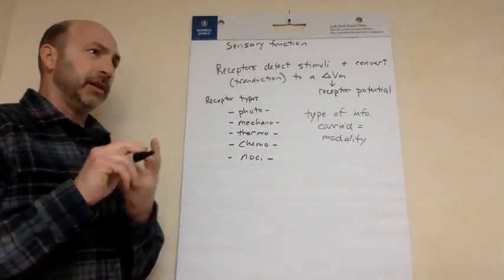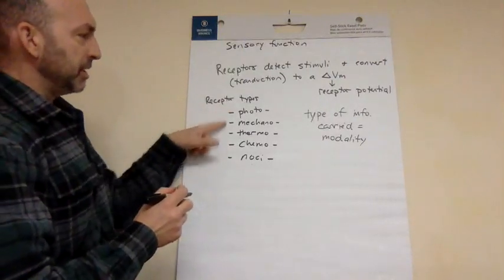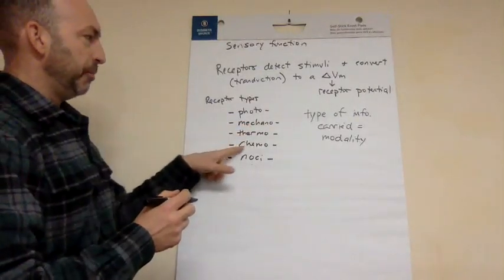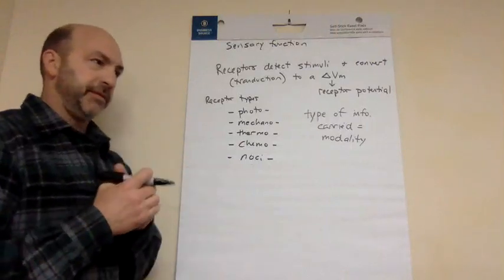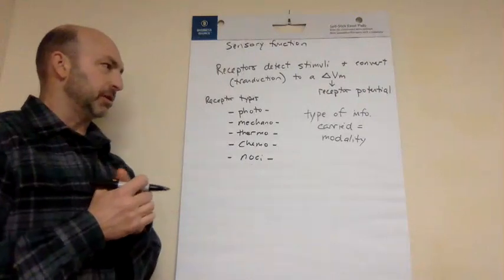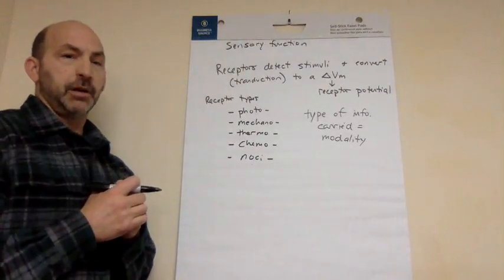We can also funnel information by the type of channels that get gated here. In other words, what opens a mechanically gated channel does not open a chemically gated channel, and vice versa, right? So the channels are very specific for the type of information, the type of stimulus that's arriving. And lastly, there are often filters.